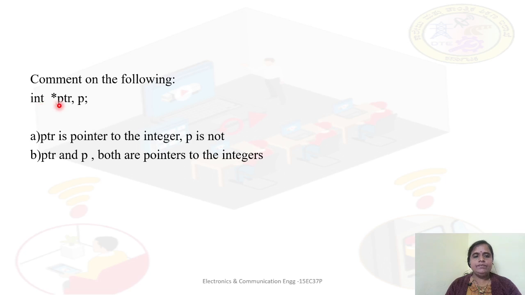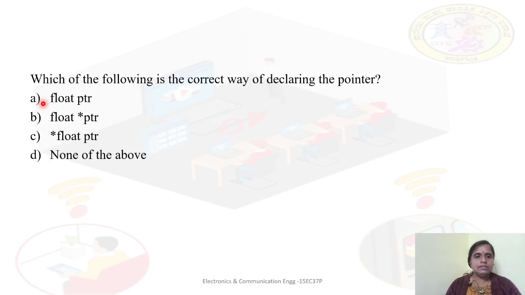See what I have done here: I have declared a pointer of the type int and I have declared one more variable which is p. So amongst these two comments, which is correct? Yes, it is A. p is a new variable, it's not related to the pointer. p is a variable of the type int. ptr is a pointer which is of the type int. So this is the thing.